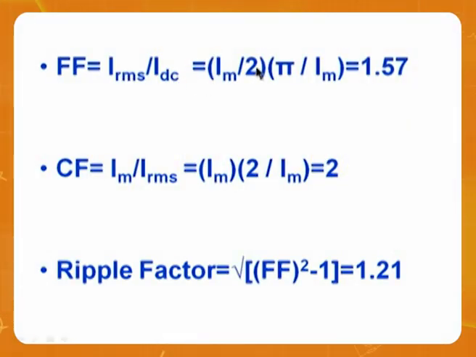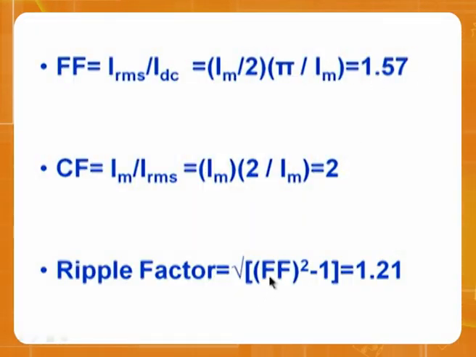Form factor is what? RMS by DC, Im by 2 by Im by pi, 1.57. Generally, people think form factor is 1.11. That is true. 1.11 is for full wave or for an ordinary sine wave, not for half wave.